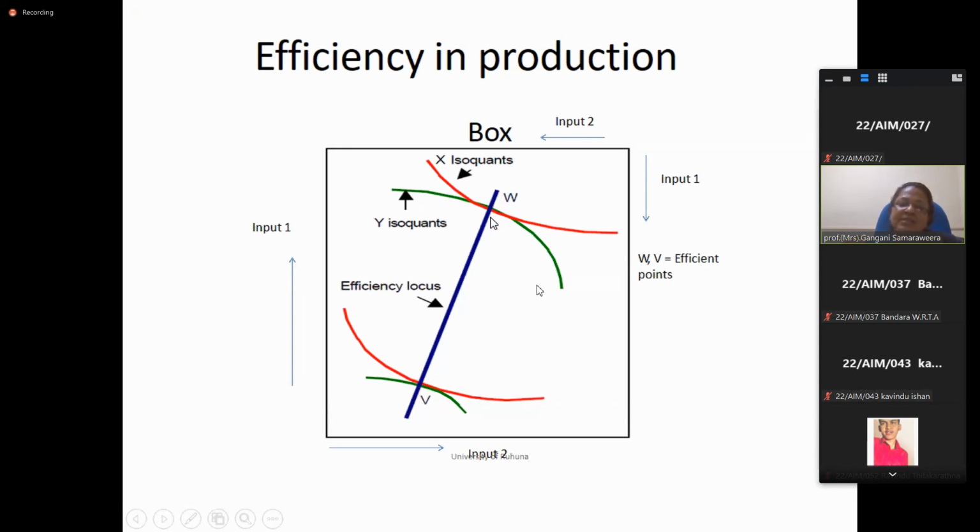These points are called efficient points, because the same inputs they used, the same production levels they took. There are many efficient points. These are isoquants, the same level of quantity of output. So W and V are the efficient points.